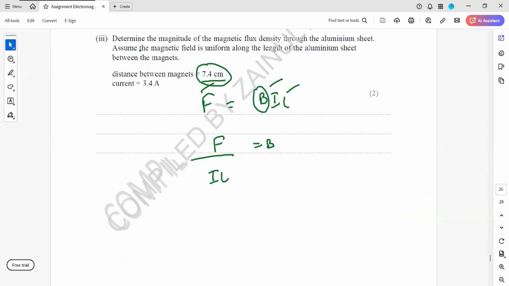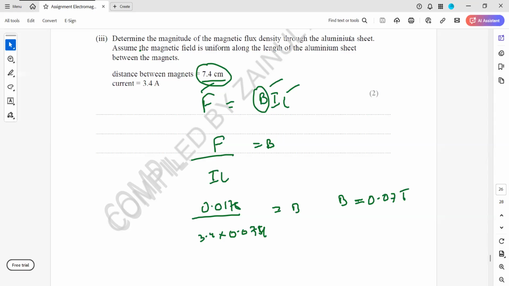From the last part, it was 0.0178. I is the current 3.4, and the length is 0.074. That will give us the strength of the magnetic field, and we can say Tesla, or we can also say Weber per meter square.